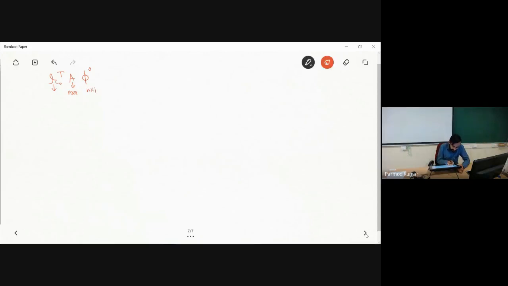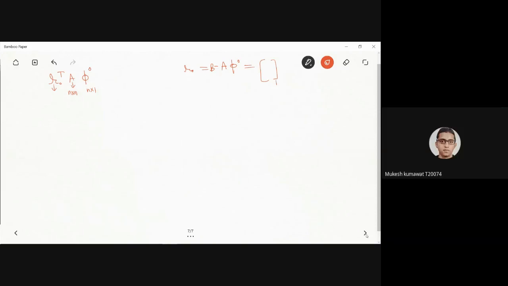And what is the size of r naught? r naught is nothing but b minus A phi naught, which will be a matrix of N cross 1.